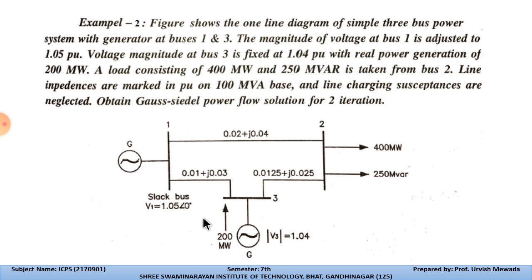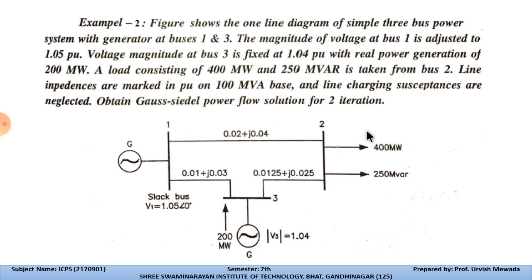So this is the real power which we are inserting in the power system, that is 200 megawatt, and a load consisting of 400 megawatt and 250 MVAR is taken from bus number 2. So this is the load connected at bus number 2, and line impedances are marked in pu on a 100 MVA base.